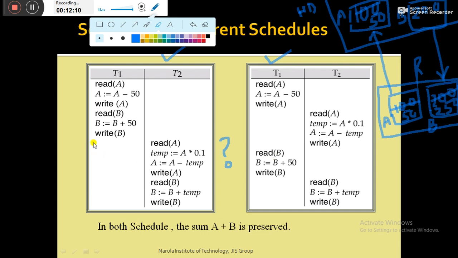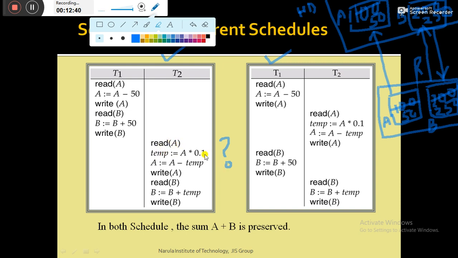Then write B. Write B means the value of B is copied from RAM to hard disk, so it becomes 250. Then what happened? Once T1 completes, the current state of the database is A plus B, 50 plus 250, which is 300. Next, T2 starts executing.